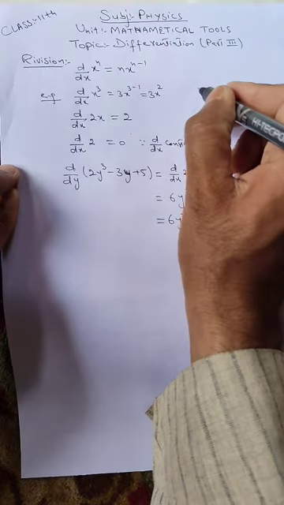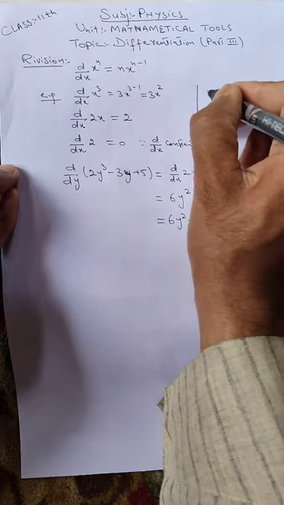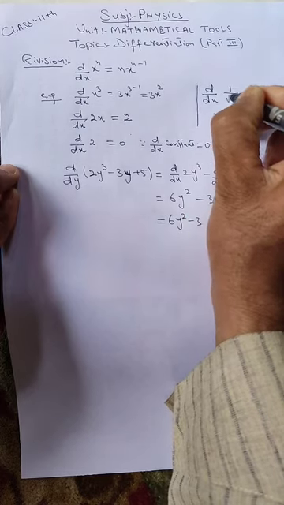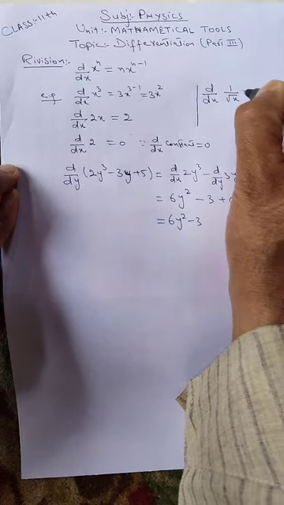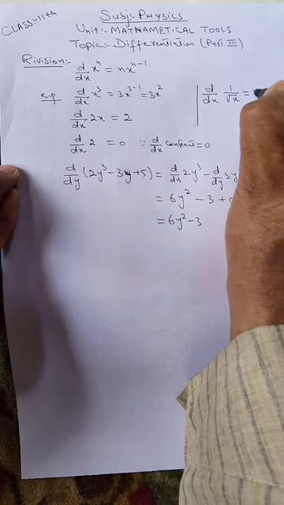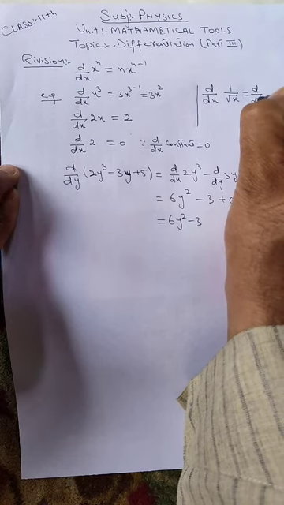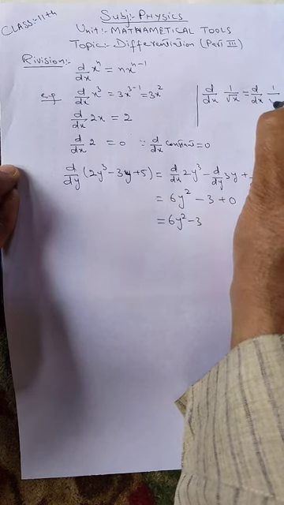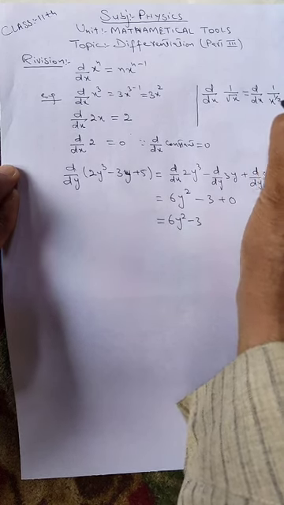Let me take another question over here. If it is d over dx of 1 by root x, you know root means it will be like d over dx of 1 over x^(1/2).